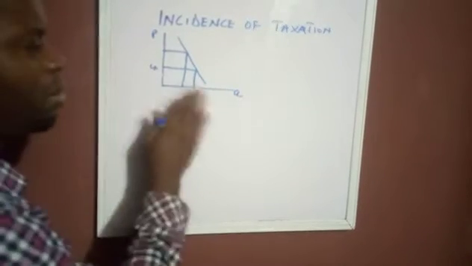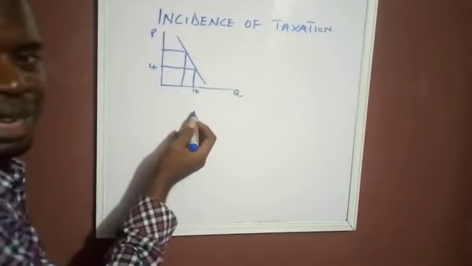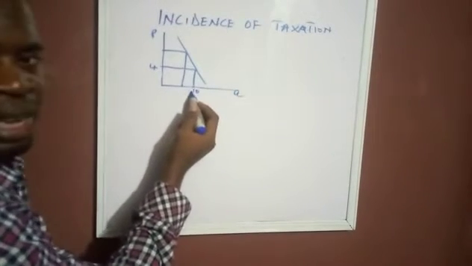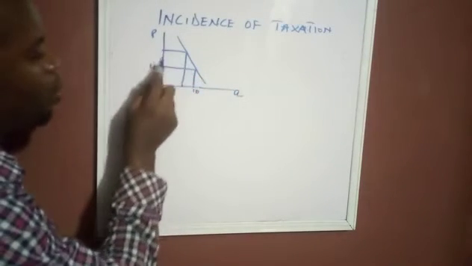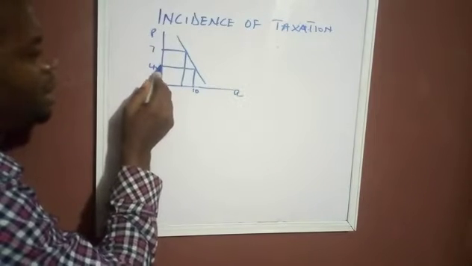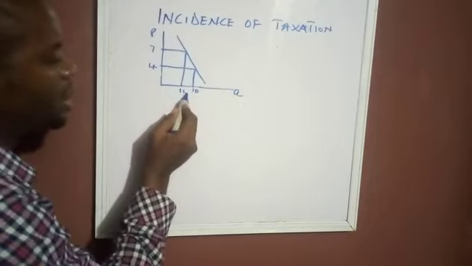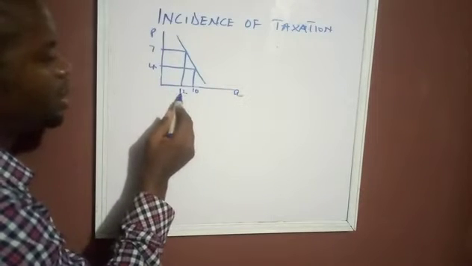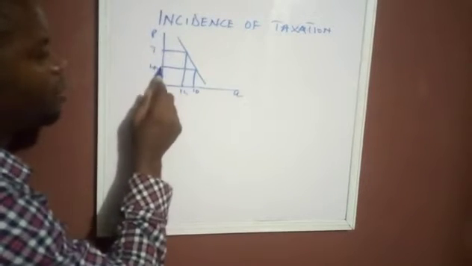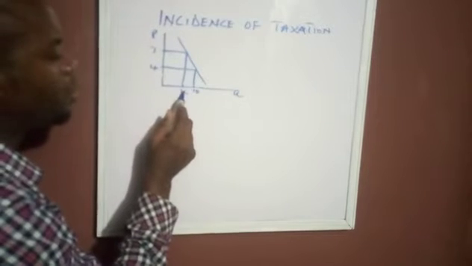This is fairly inelastic because the space here is greater than the space here. The space you have when the price increases maybe to 7, which leads to the change in quantity, let's say the new quantity is 12. The change in price from 4 to 7 is larger than the change in quantity demanded from 12 to 10.